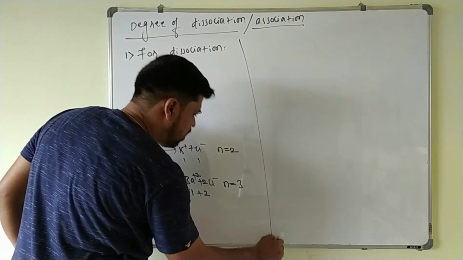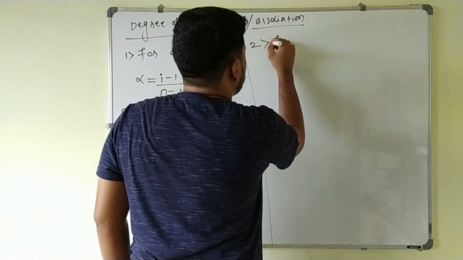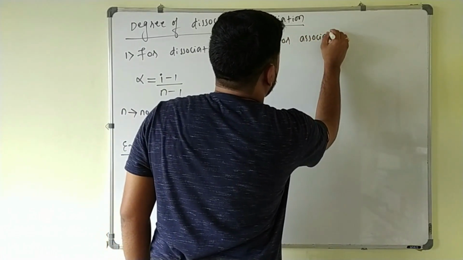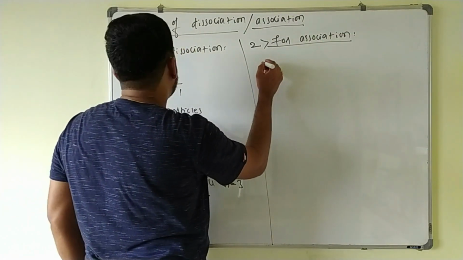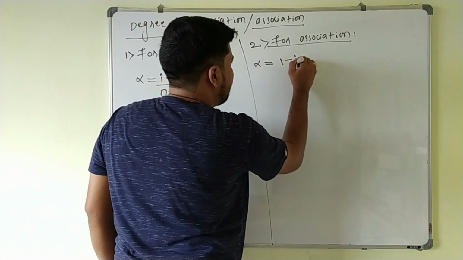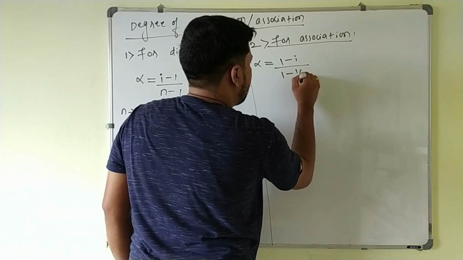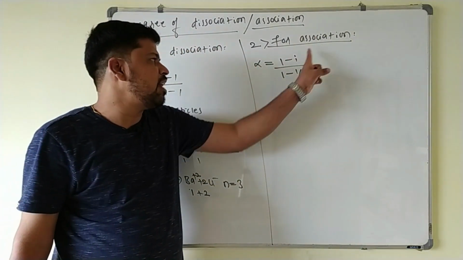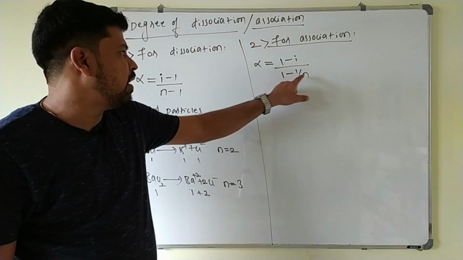The next point is that the degree of association can also be calculated. Second one, for association. For association the formula is alpha is equal to 1 minus I divided by 1 minus 1 by n here. Always keep in mind, for association I value is less than 1, you take 1 minus I divided by 1 minus 1 by n.